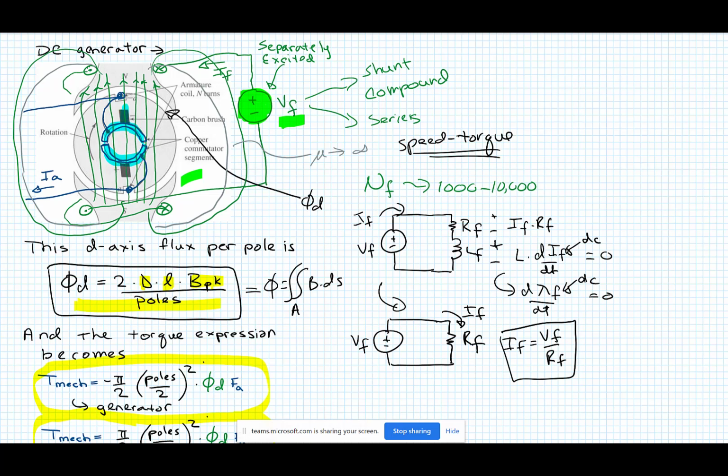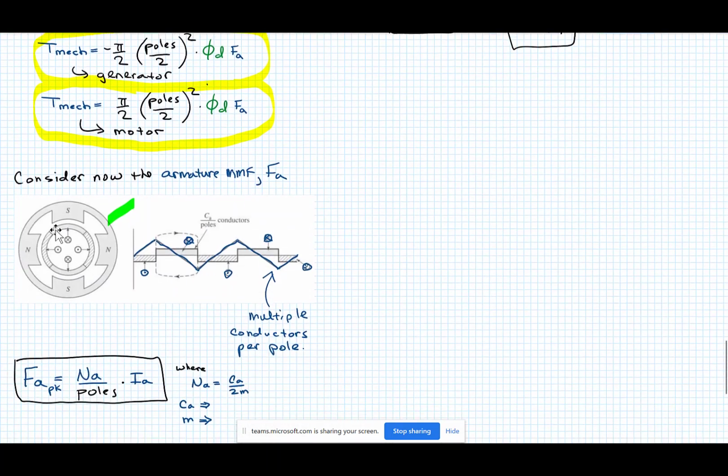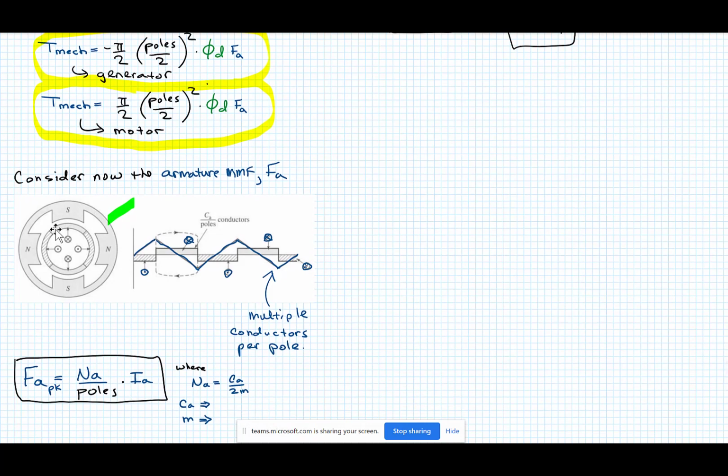It's moving, it's going to hit the brushes, and when it hits the gap, it's going to flip the direction of the current. You would never build a machine like this, but it's a simple elementary way for 2 poles. And here's 4 poles. We've got 4 segments: here, here, here, and here, 1 per conductor. That's an elementary 4-pole machine, which would be very inefficient to build like this.